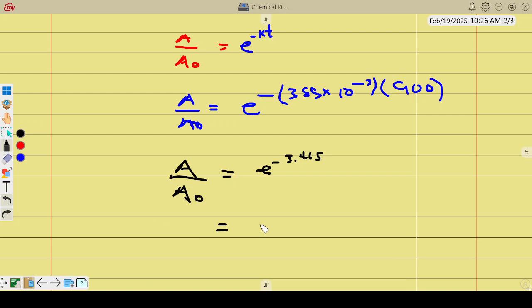We have 0.0313. Okay, so that is the ratio, and then we can convert it to percentage while we multiply by 100.